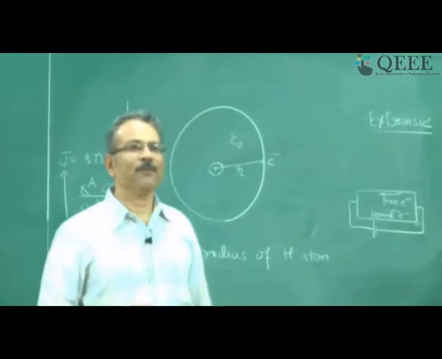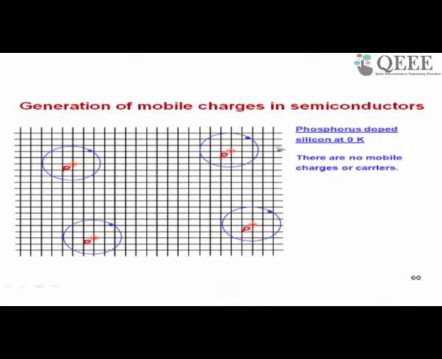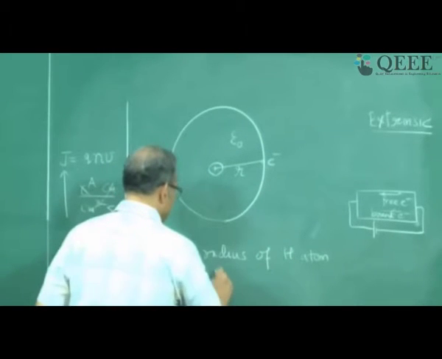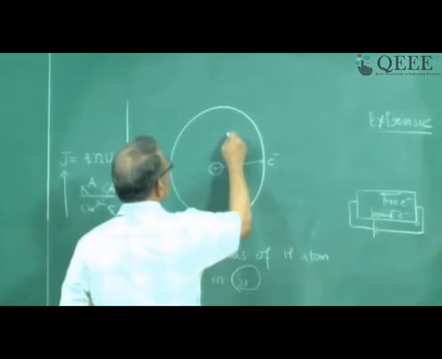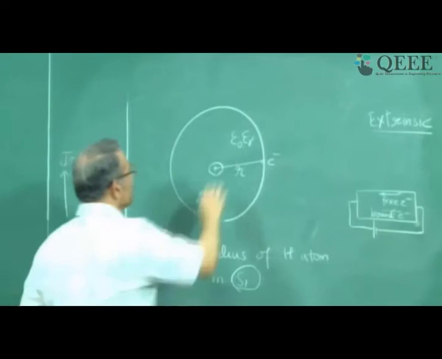But when you put the phosphorus atom in silicon, which is the picture here, the dielectric constant of the surrounding environment of the phosphorus atom changes to that of silicon. So the Bohr radius of a hydrogen atom in silicon: this dielectric constant will change to epsilon naught epsilon r.